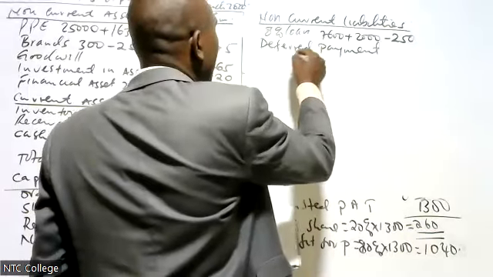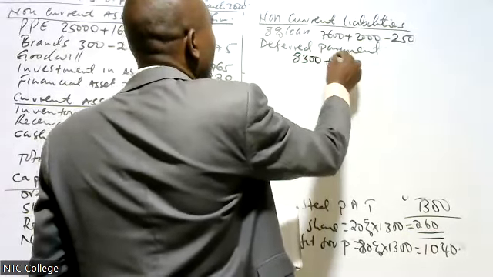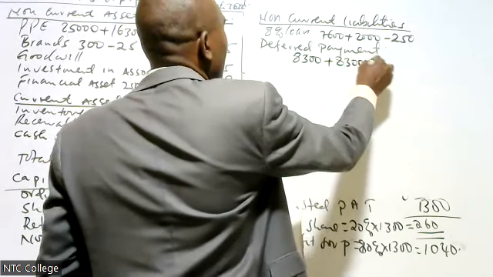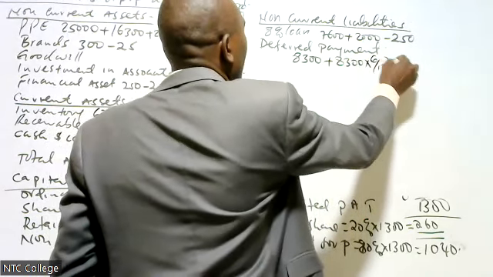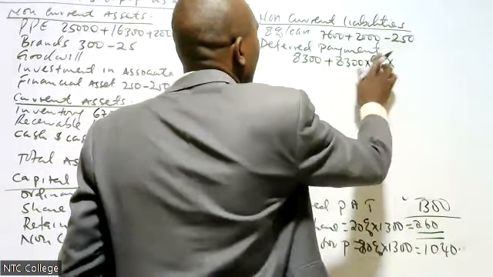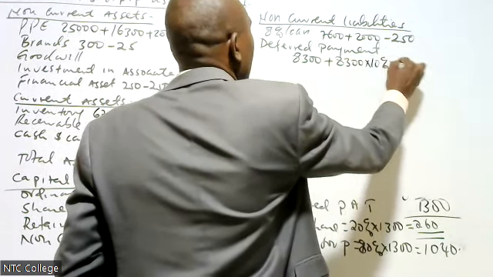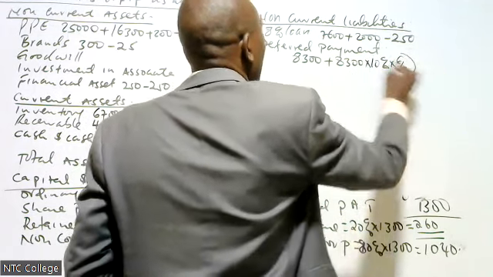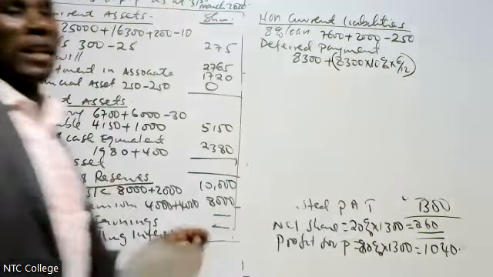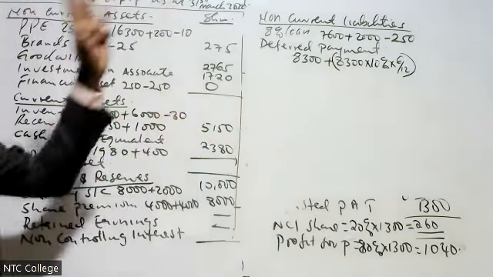Therefore, I will take 83 plus 83 times 6 over 12 times 10% interest. Deferred payment.